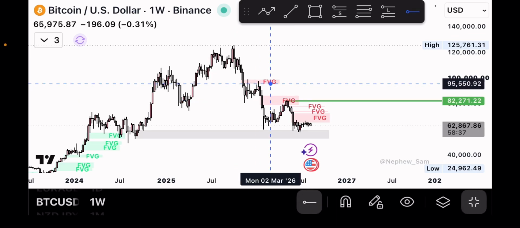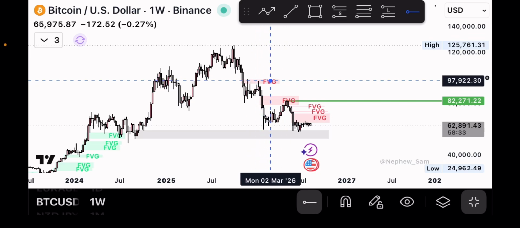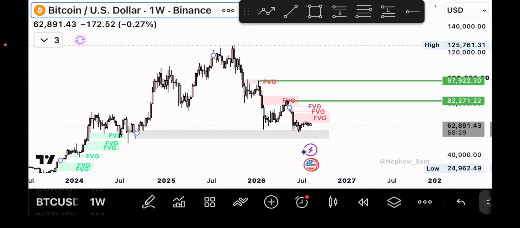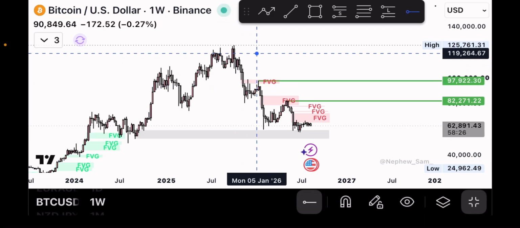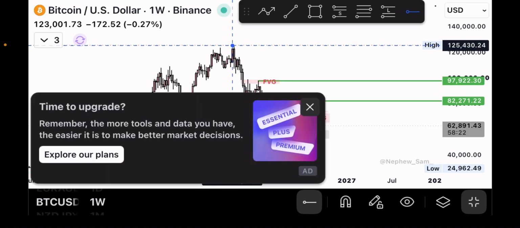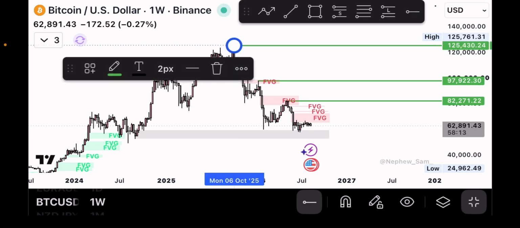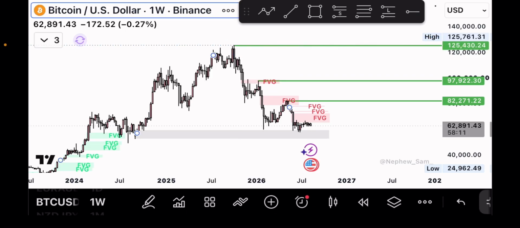Then the next high will be the second draw on liquidity, which is this level. Then after that level, the overall draw on liquidity will be this high on the weekly time frame. But we don't know when price will get there, so I'm just marking it out for reference. So that's it on the weekly time frame.